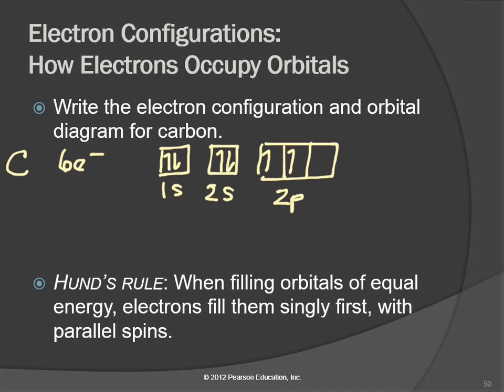When filling orbitals of equal energy, electrons fill them singly first with parallel spins. So we'll take these 3 orbitals and we'll put 1 electron in each of them with parallel spins. We always do up first. So up spin first, and then if we have to, we'll come back and pair them with an opposite spin.